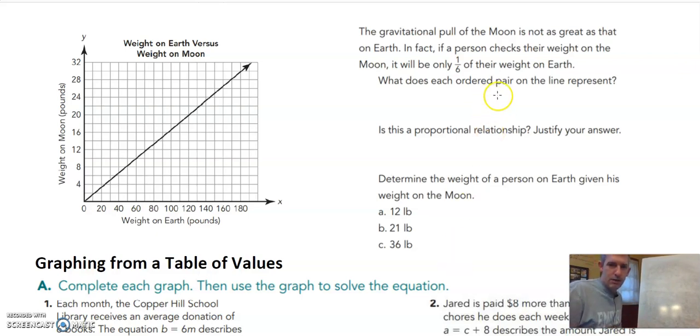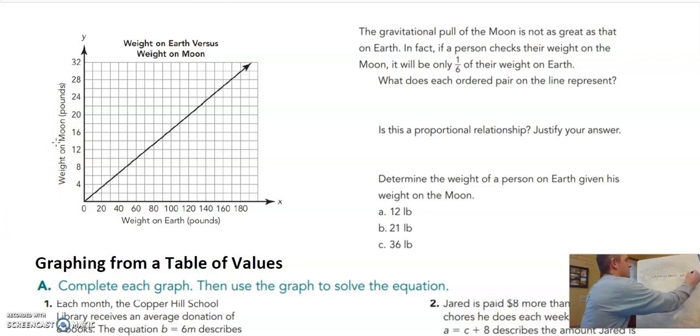So what does each ordered pair of the line represent? Okay, well down here, what's it going to mean? All right, okay, this value is what we list first. The first value is going to be the weight of a person on Earth. So weight on Earth. Okay, what's the other ordered pair? Well, over here, it's the weight on the moon.